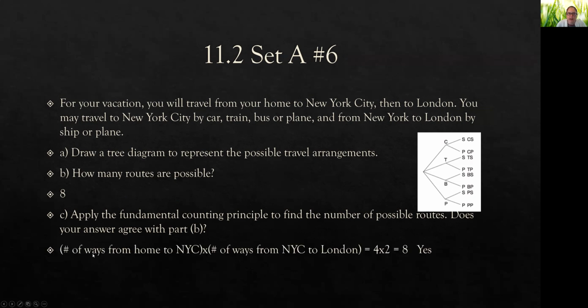So we're going to multiply the number of ways to get from home to New York City times the number of ways from New York City to London. So there were 4 different ways to get to New York times 2 ways to get to London. So we do 4 times 2 and we get 8. So it does agree. Now we have 2 different ways. We can either just multiply or draw the tree.